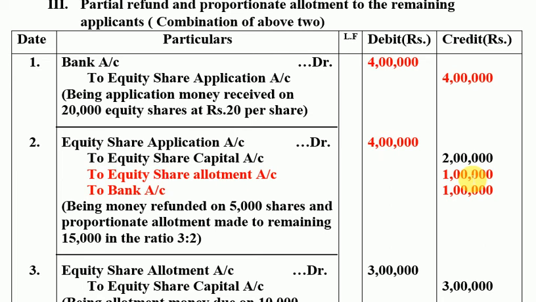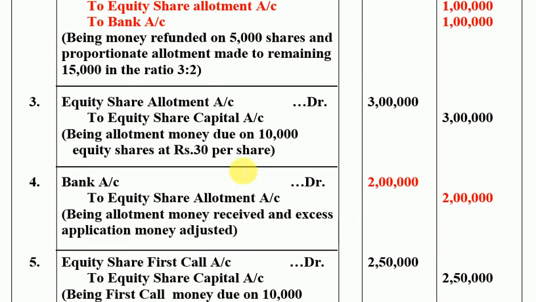Hope this is clear. Now the third entry will be for making allotment due, which you all know now. Equity share allotment account debit 3 lakh to equity share capital account 3 lakh, being allotment money due on 10,000 equity shares at rupees 30 per share. And finally the fourth entry, which is affected: bank account debit to equity share allotment account, being allotment money received and excess application money adjusted. So what was excess application money?